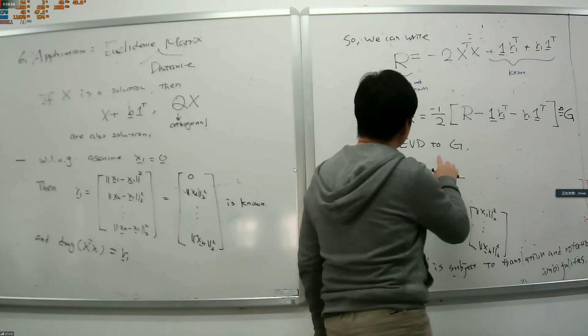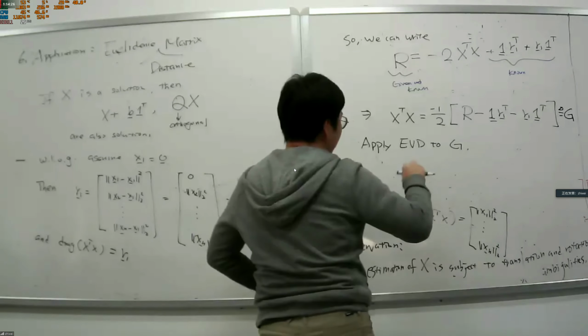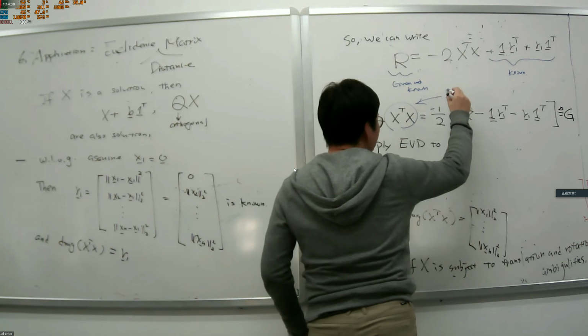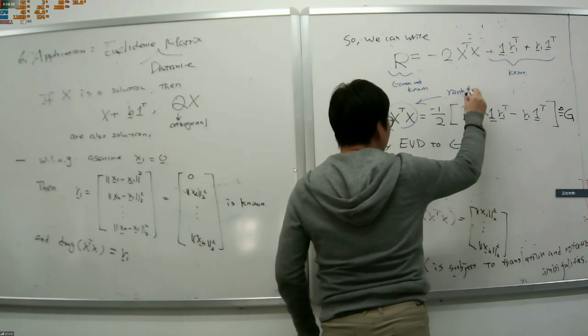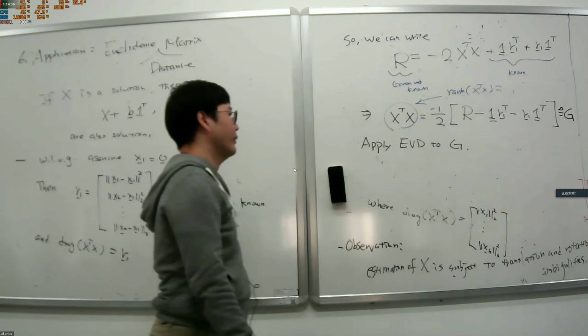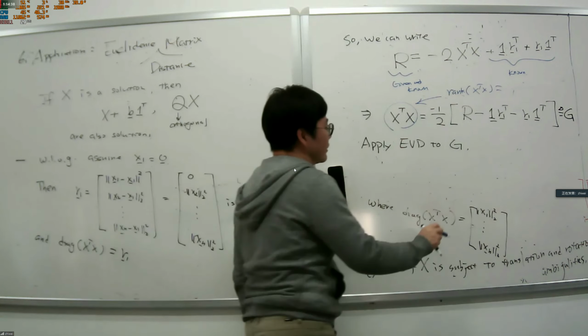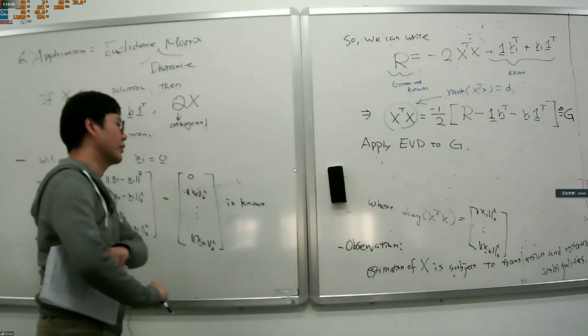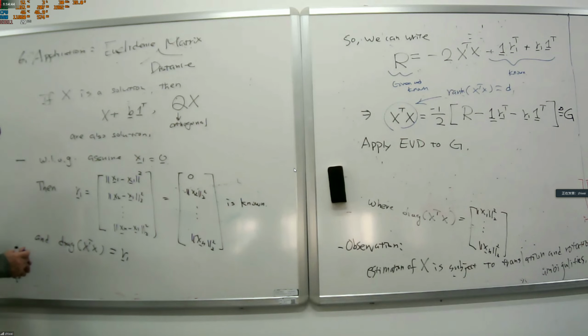Here I should mention that the rank of this matrix is d, if we assume all these endpoints have different locations.